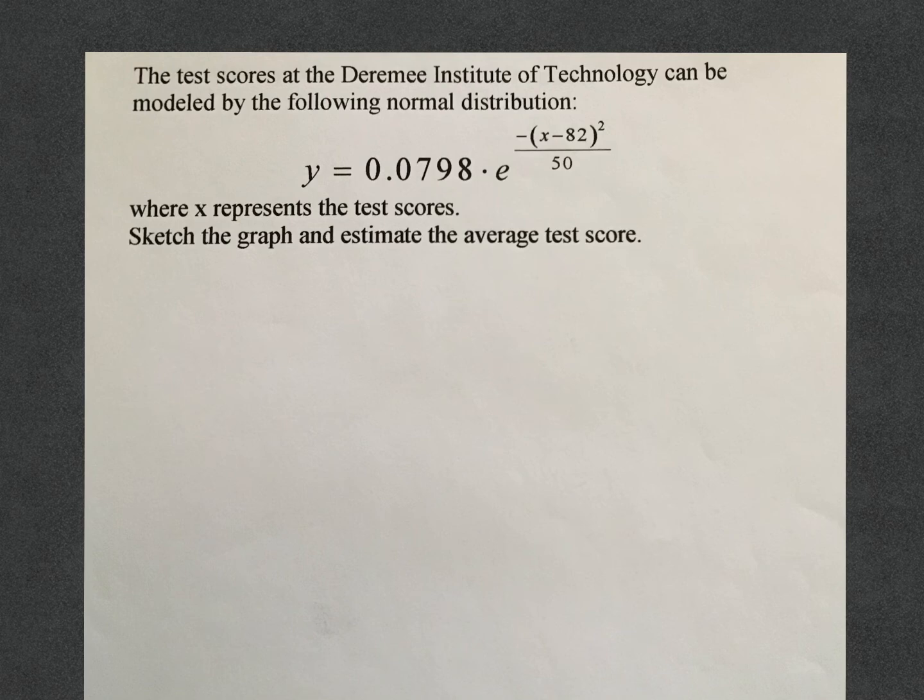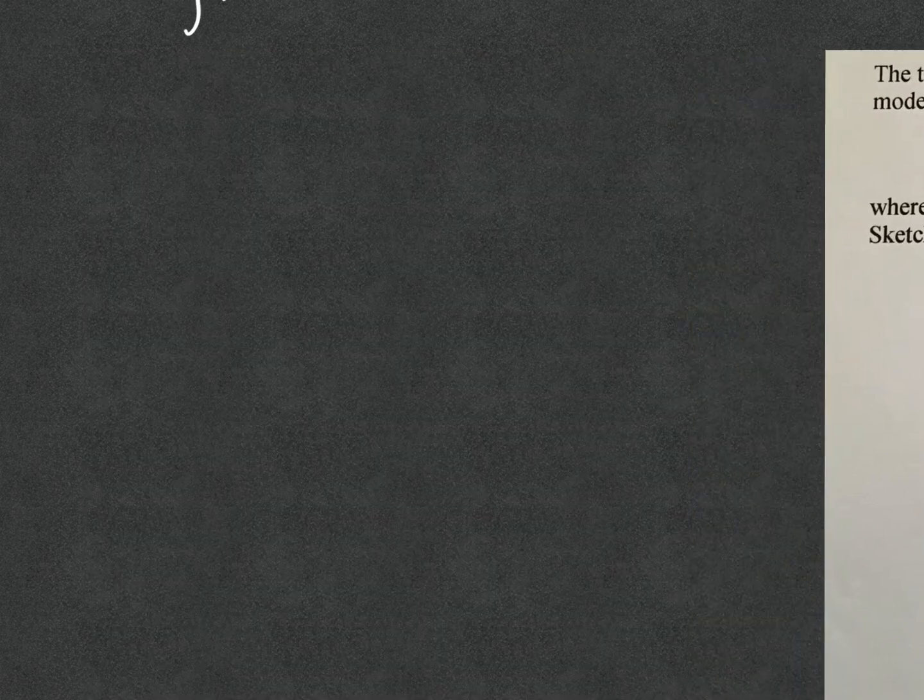Okay, so the idea here, guys, is to remember, where's the phrase here? Normal distribution. All right, I know it's been a couple of years, but we've actually talked about normal distributions in the past. Back in algebra days, we talked about normal distributions.